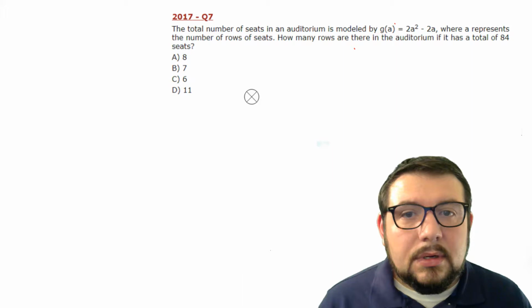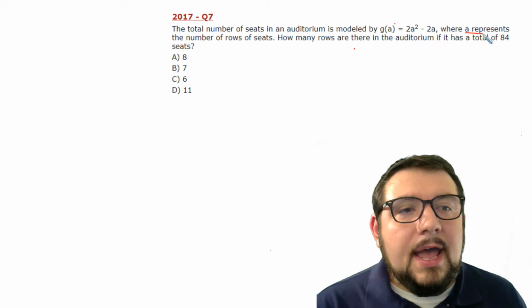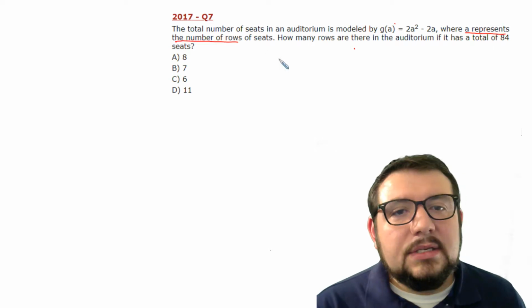Okay, it says the total number of seats in an auditorium is modeled by a function where A represents the number of rows of seats. So there are two numbers here. There's A, and that represents rows. And then there's G of A, which represents the total number of seats.